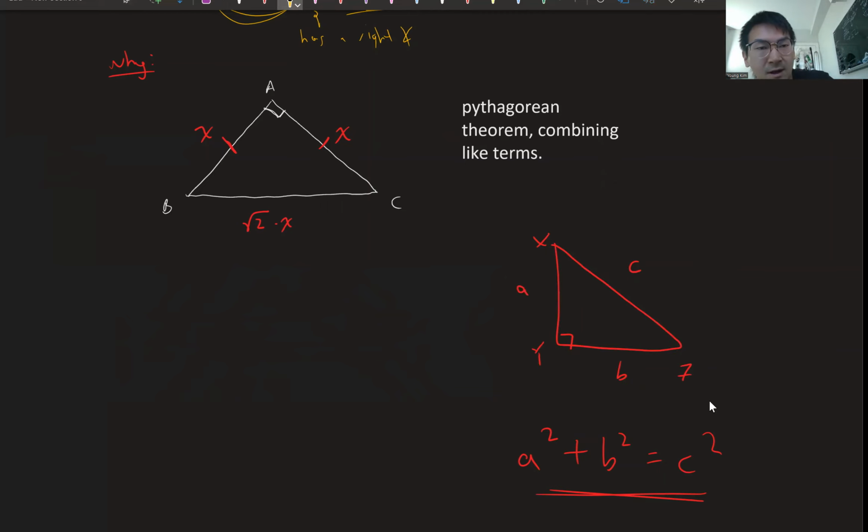Here, you have to find out who the a and the b are. It doesn't matter if you call this one b and this one a, but the hypotenuse does matter, so don't change this one. To know which one is the hypotenuse, you first locate the right angle and then look at the side opposite the right angle.